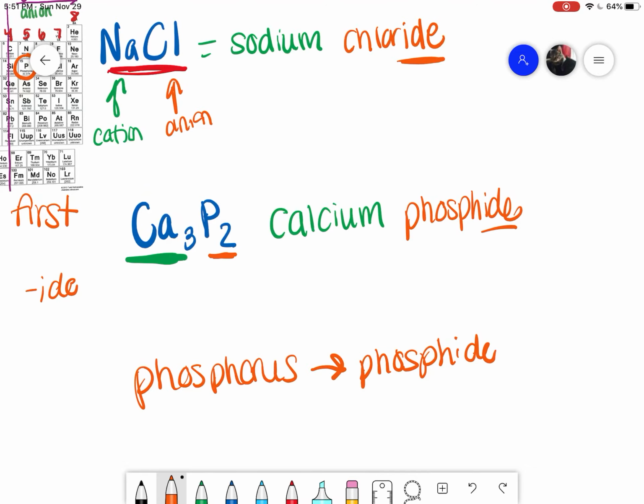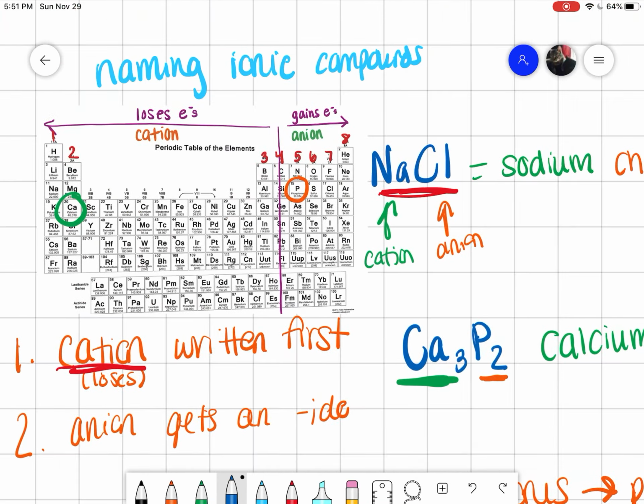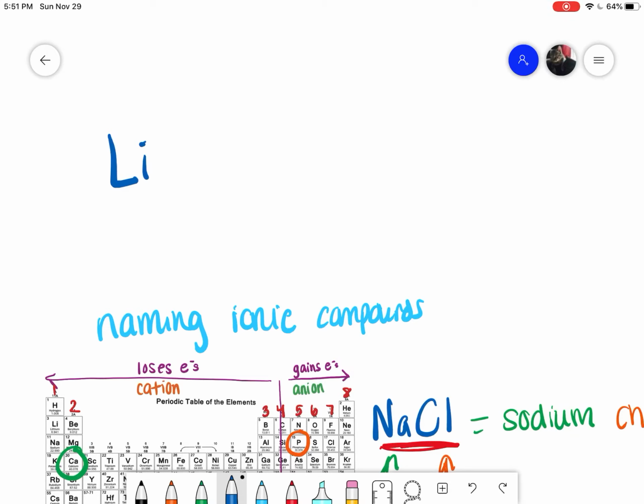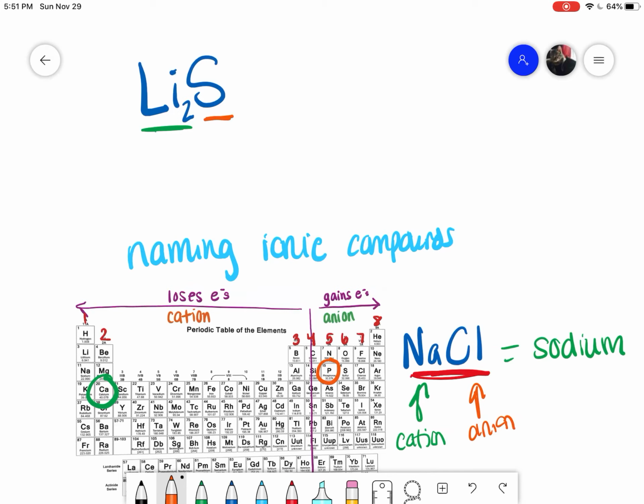We are going to do one more example. We'll do Li2S. So our cation is lithium and our anion is sulfur.